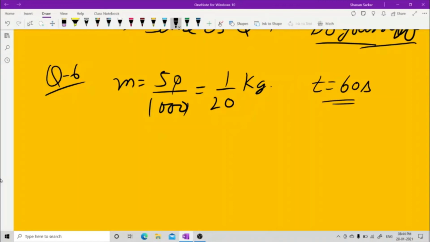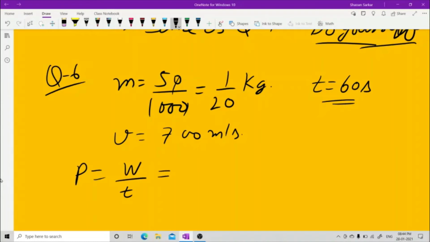Each bullet has a mass of 50 grams. The velocity comes out to be 700 meters per second. Now what is power? Power is work upon time. Here the work is completely converted to kinetic energy, upon time. So this will be half mv square.